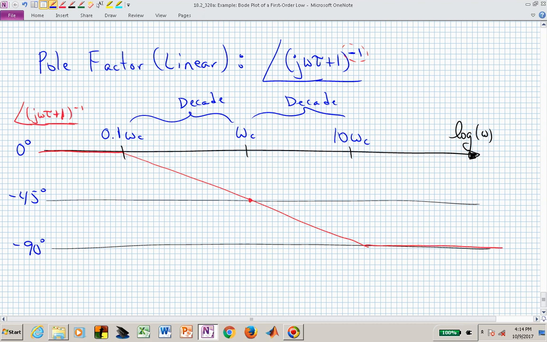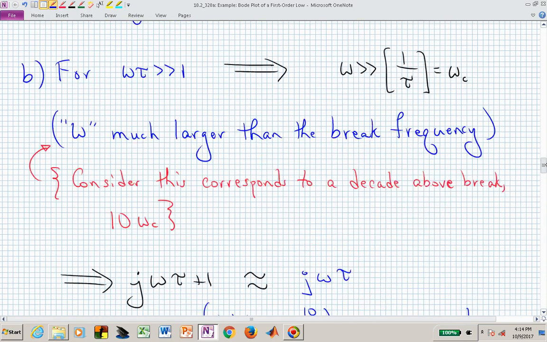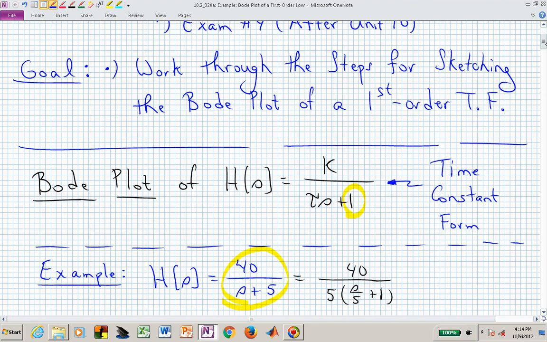It slopes over a 2-decade interval in frequency, and then it stops sloping and stays at minus 90 degrees. I hope that now helps our understanding of a Bode plot sketch of this particular first order transfer function.